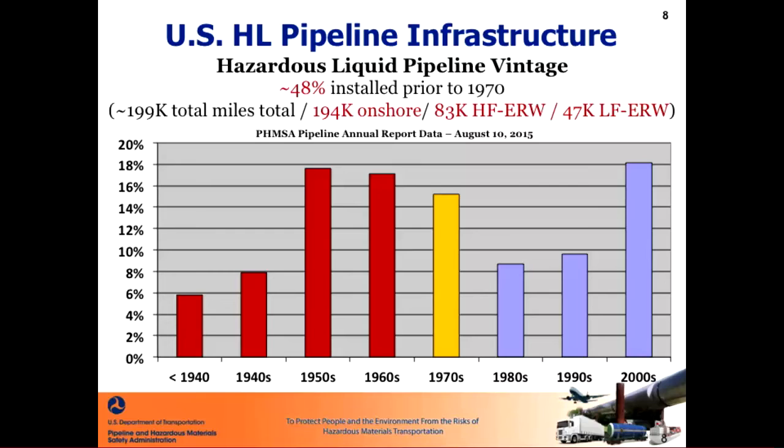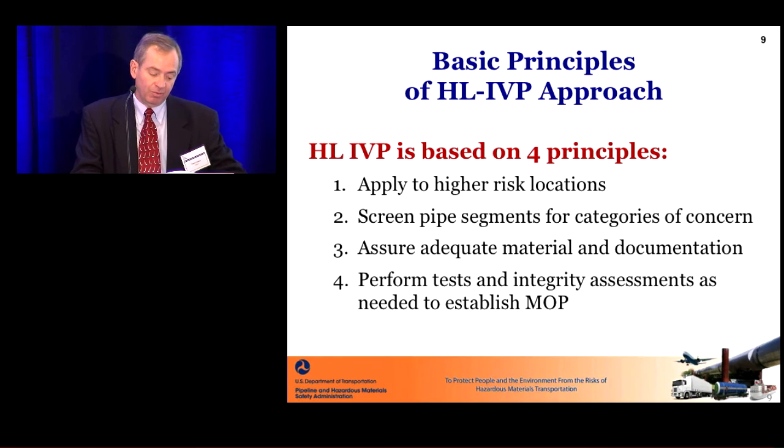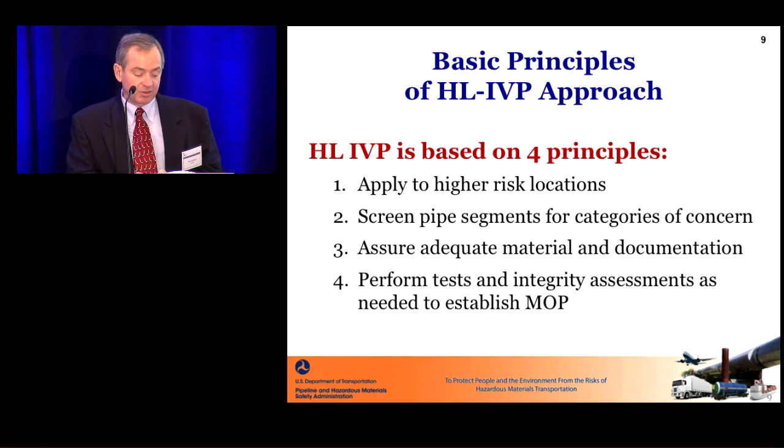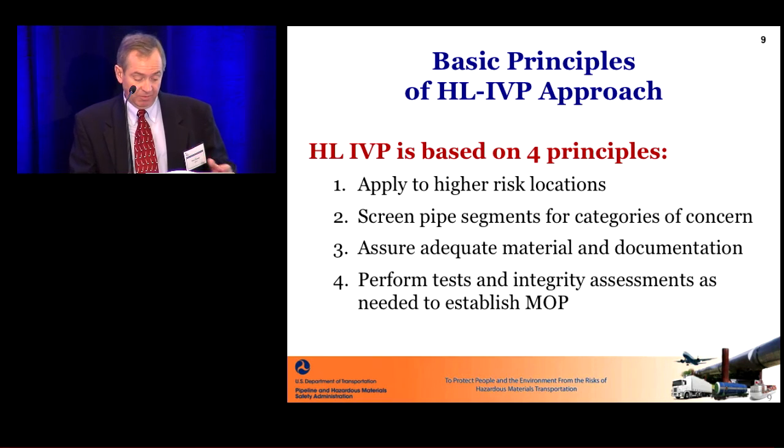Some of the basic principles that we're looking at on the liquids IVP. Again, just to highlight the next several slides that I'm going through, what are those 4 basic principles? Well, first we're going to look at the higher risk locations. And we need your input on what should those be. We haven't decided, from our vantage point, what they should be.